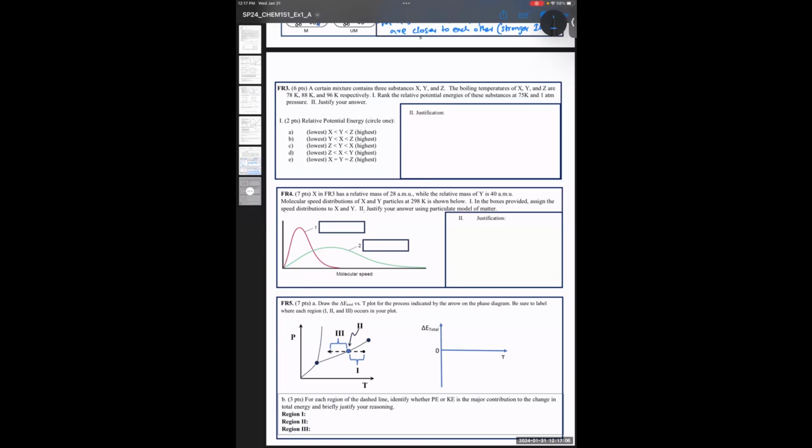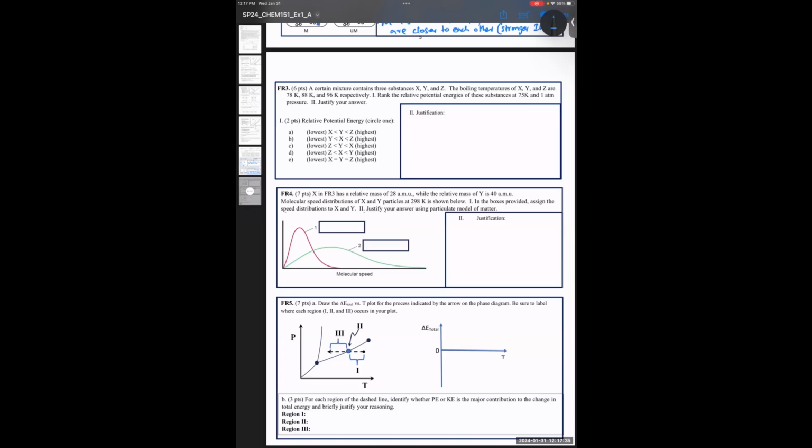Okay, anyway, it doesn't matter, for the most part at least. Based on this, we have the highest boiling temperature for Z. Highest boiling temperature means you have the strongest attractive interactions. Strongest attractive interactions mean the lowest potential energy, or most negative potential energy.